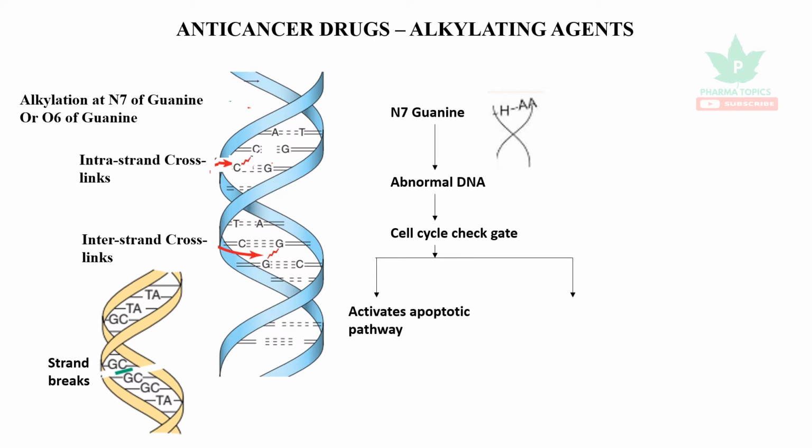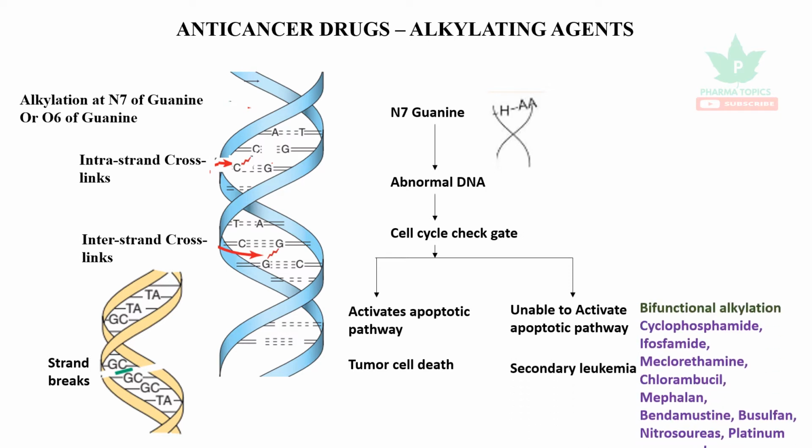The damage is sensed by the checkpoints, which activates the apoptosis or the death pathway of the cancerous cell. So the tumor cell may die. Sometimes, if it is unable to activate the apoptotic pathway, it leads to secondary cancer called secondary leukemia.